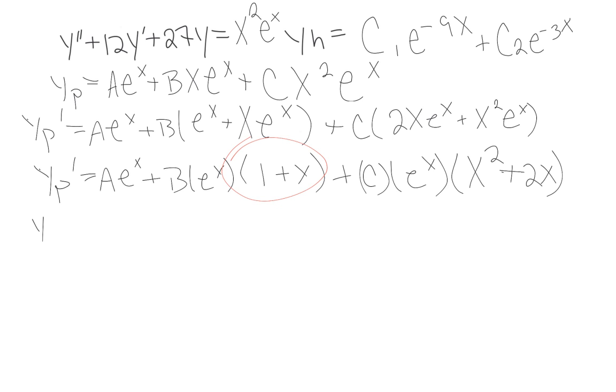So y sub p double prime then equals a times e to the x plus b times the derivative of this whole product right here.